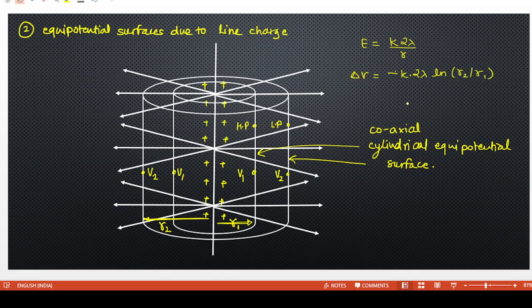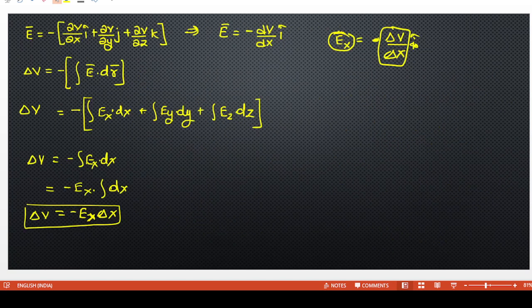This is the potential difference between the 2 points for a uniformly charged line. This should be V2 minus V1. These are the formulae that you shall remember for line charge.